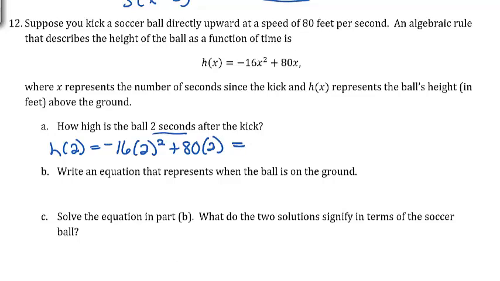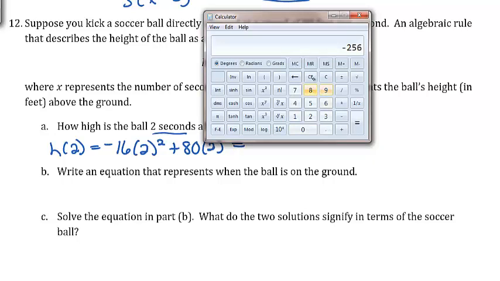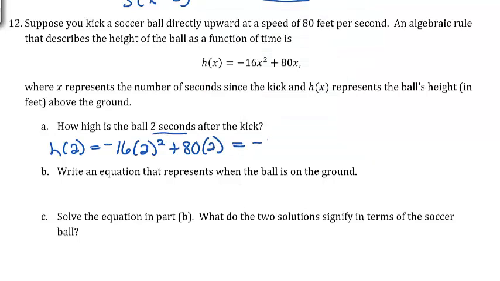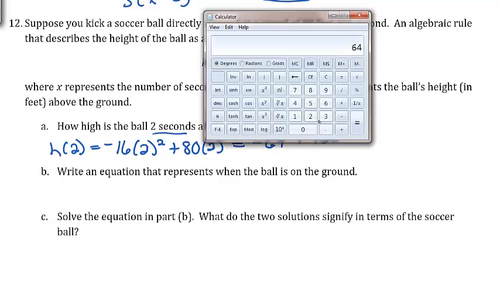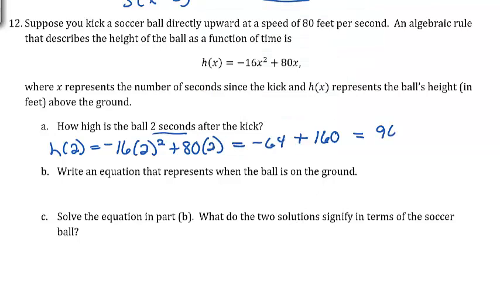So that is negative 16 times 4, which gives us negative 64, plus 160. And that gives us 96. And so after 2 seconds, the soccer ball will be at 96 feet high.